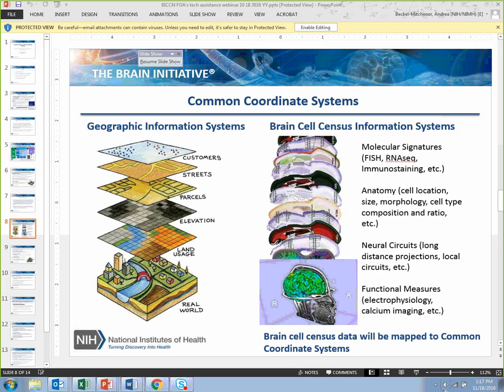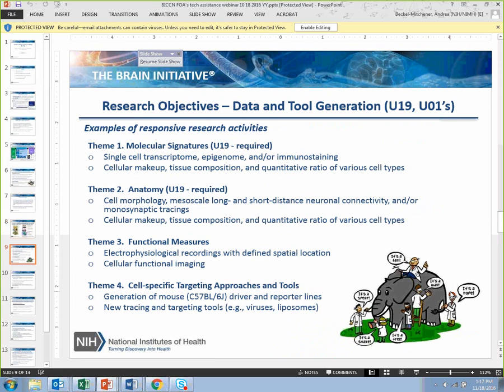The U19 and U01 RFAs support data and tool generation research that most likely fall within the following four themes: molecular signature, anatomy, functional measures, and cell-specific targeting approaches and tools.